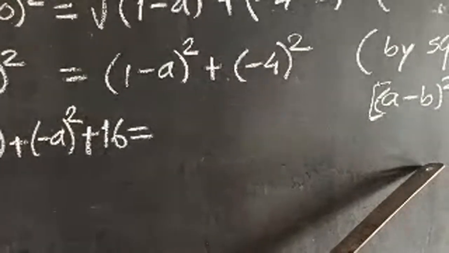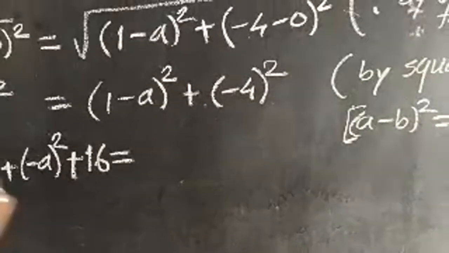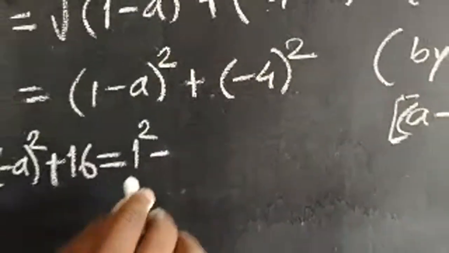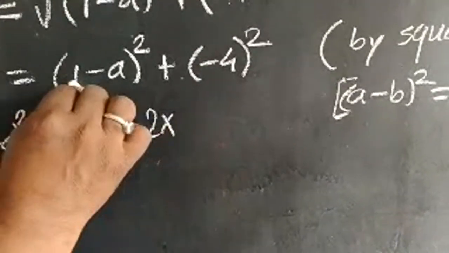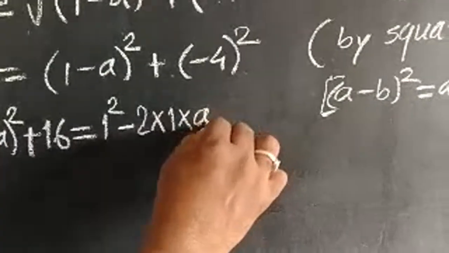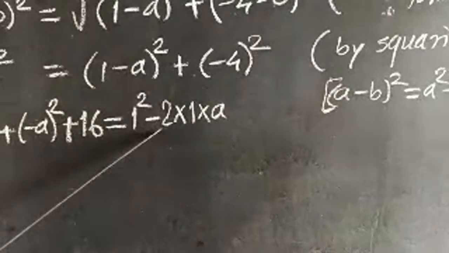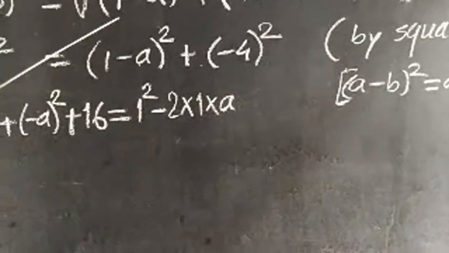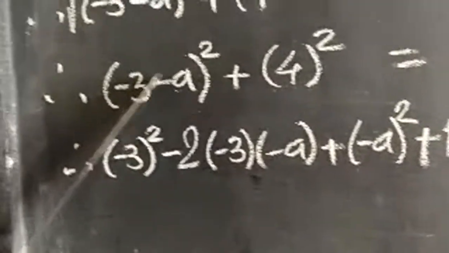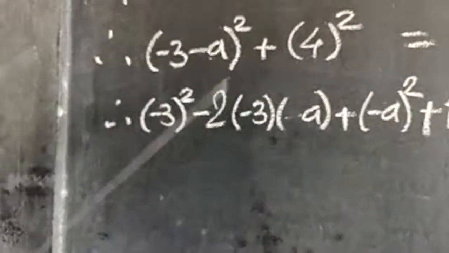Here also we can use the (a minus b) formula. Who tells the answer? 1 square, first term square, minus 2 into first term 1 into second term a. Here the minus sign we write in the formula, therefore we cannot take the minus sign again. Similarly here also, the minus sign is already written, therefore we cannot take minus a.